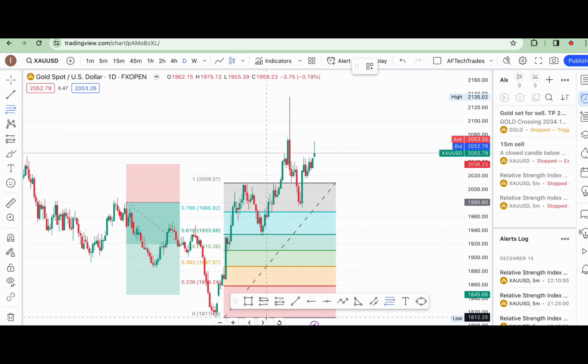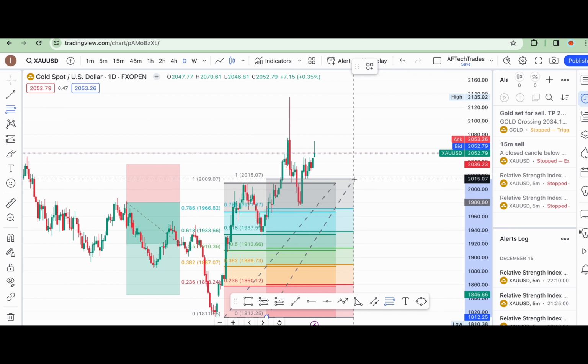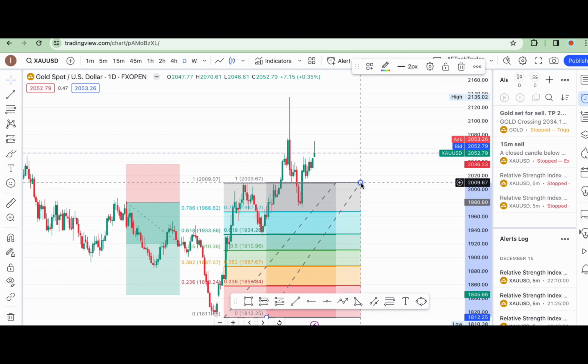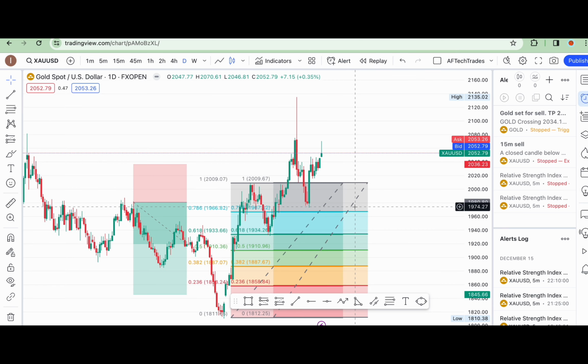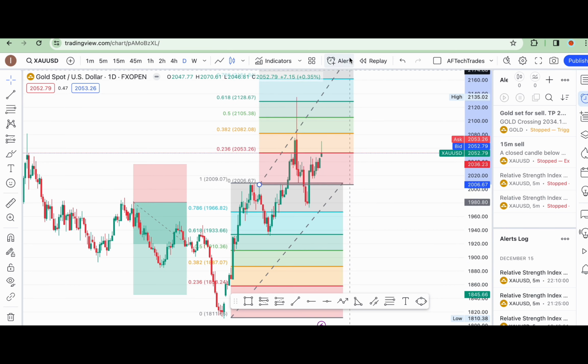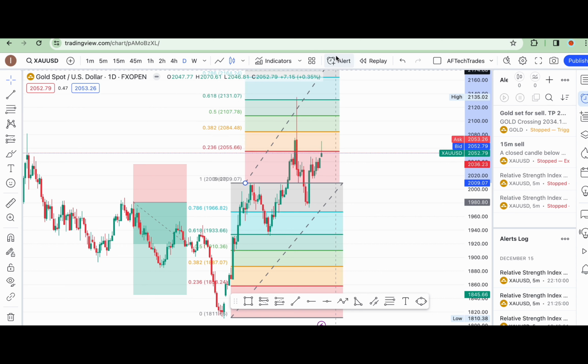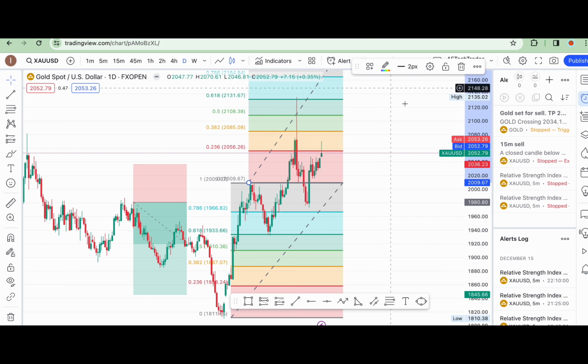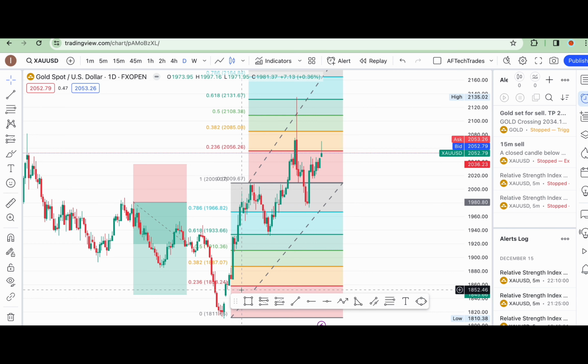For the extension, I run exactly the same. Then I'll place this on top of this. To make it an extension, what I do first is this begins to retrace.